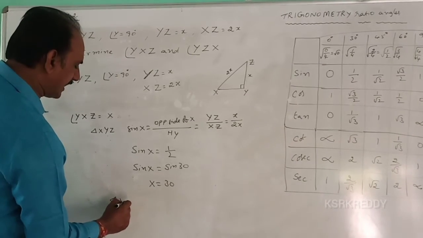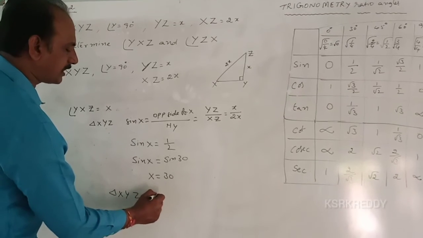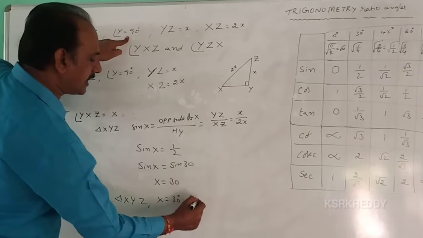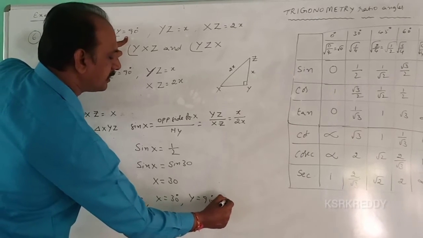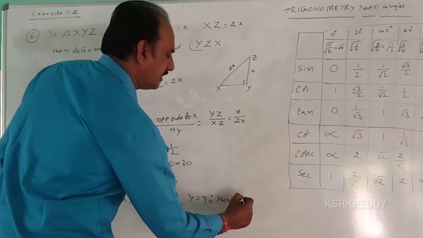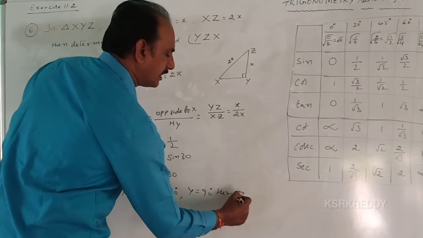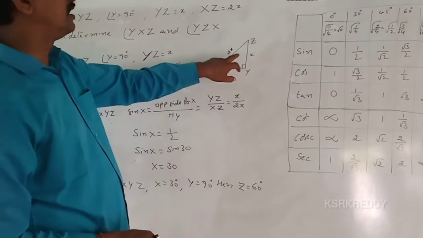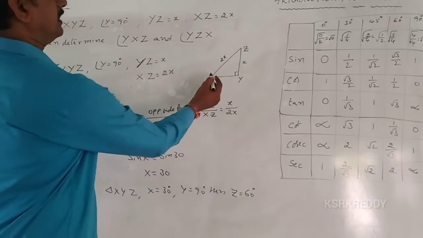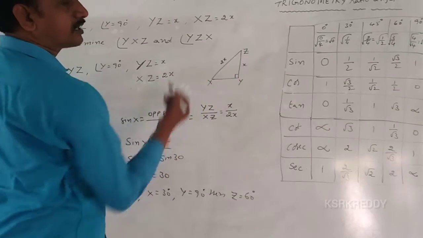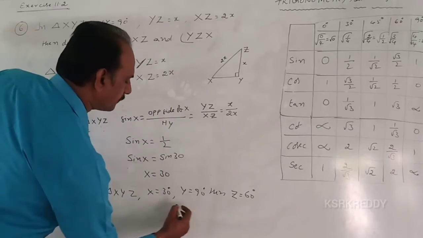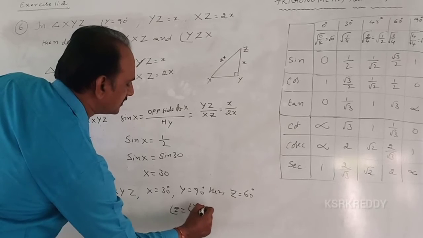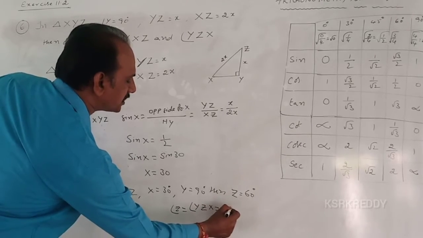In triangle XYZ, x equals 30 degrees and given y equals 90 degrees, then angle Z is equal to what? 60 degrees, because the sum of the angles of a triangle is 180 degrees. So it is 30, it is 90, so Z equals 60. Angle Z means YZX. YZX is equal to 60 degrees.